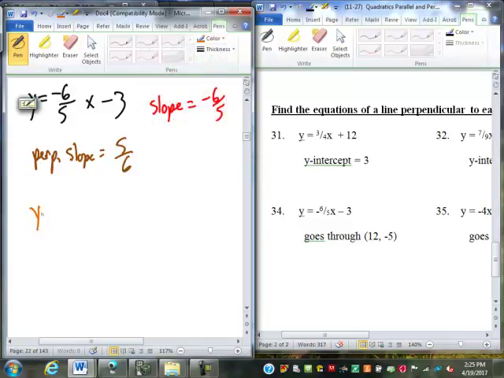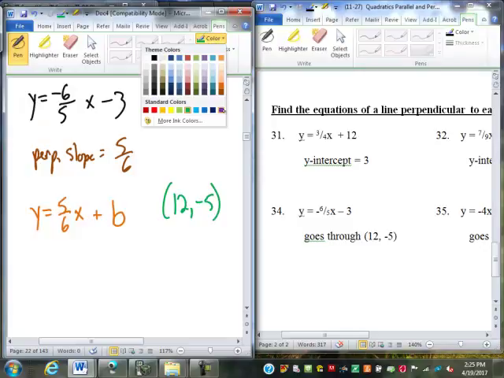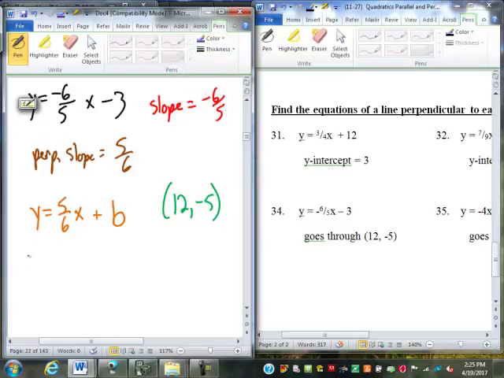So we start out with y equals 5/6 x plus b. To find b, what do we use, gentlemen? The 12, negative 5. So what's going to go in for y? Negative 5. And for x? 12.